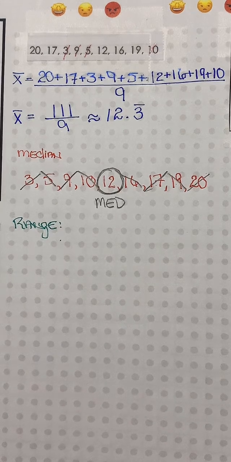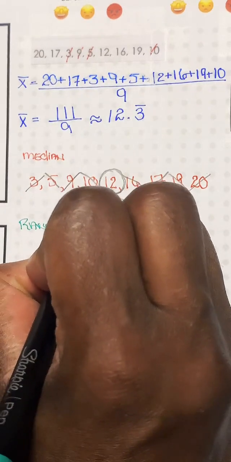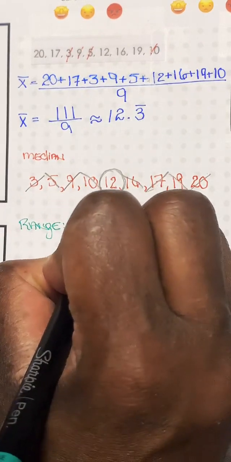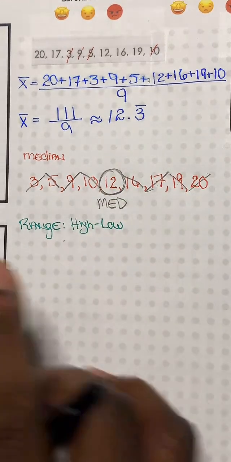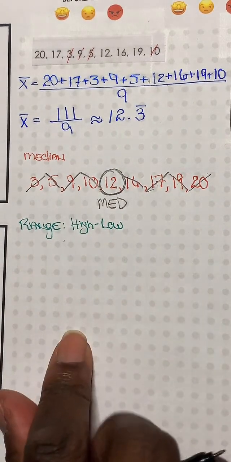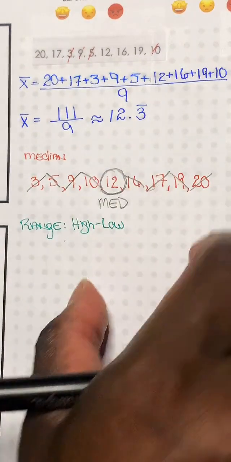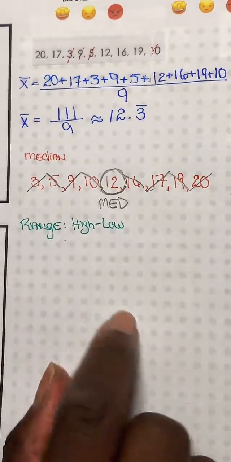All right. So remember, your range is your high minus your low. Okay. The range does not do anything with central tendency. Mean, median, mode helps with the numbers that are wrapped closer to the center. They're tight together.